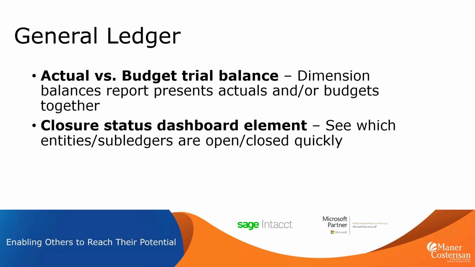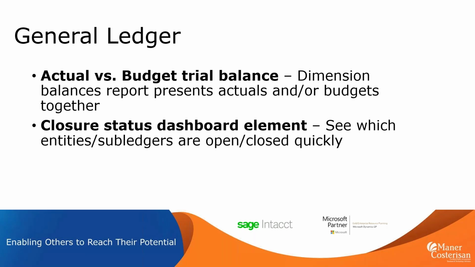So for those of you who like to practice a more step-by-step closing process, where for each entity maybe you close up AR first, and then you close up AP, and then finally you close up the GL, this element is going to be really useful for you to track the progress of your close process.